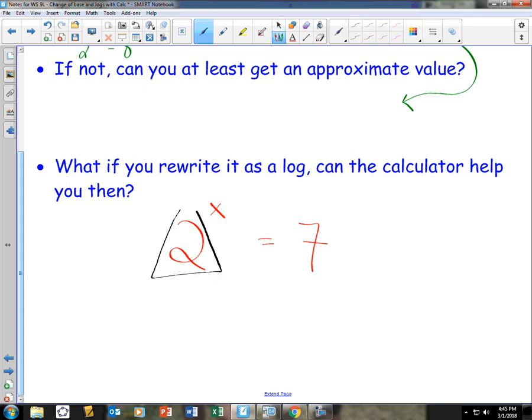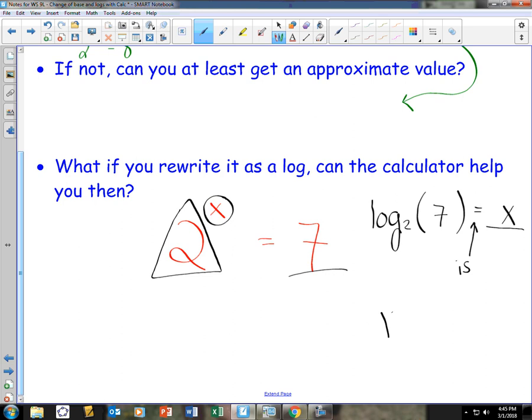The base is a 2, so I would have log base 2 of something equals something. Well, a log is an exponent, so the exponent goes over here. Here's my log on the left side, here is the equal sign, and by default, the 7 goes there. So I have that x is equal to log base 2 of 7.